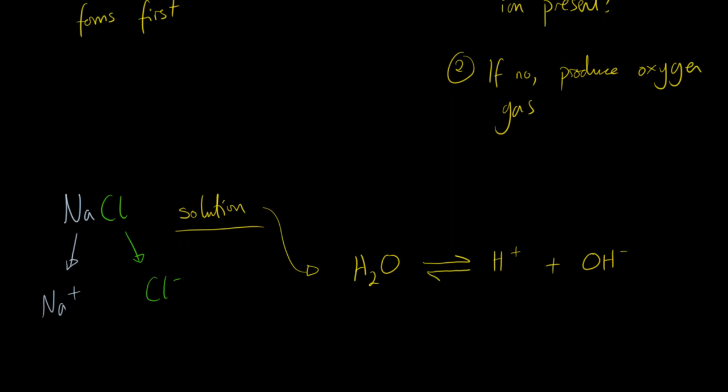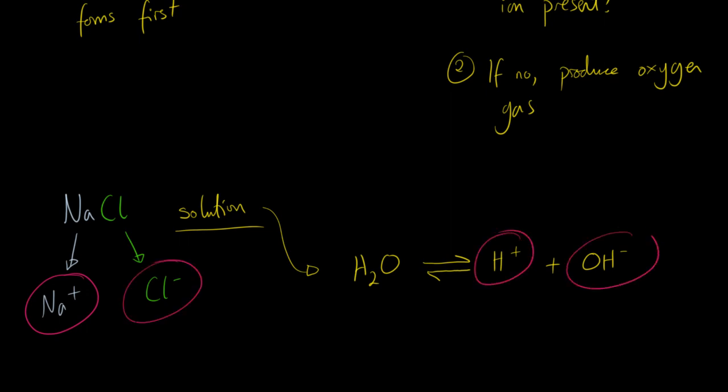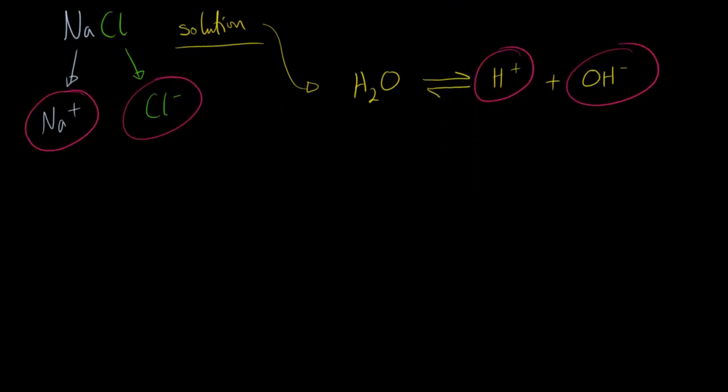But what that means is that we have got sodium ions, chloride ions, hydrogen ions and hydroxide ions all hanging around. Okay. So that means that when you look at the cathode, so your negative electrode, you've actually got your sodium and your hydrogen in competition to be formed first.